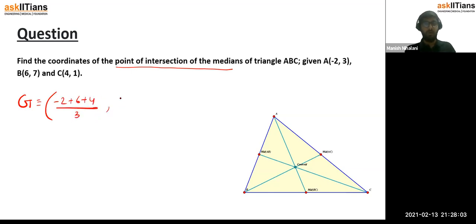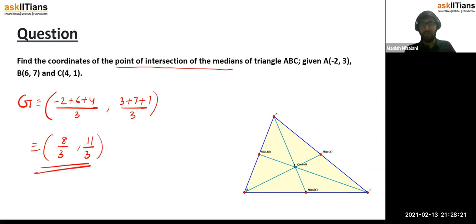Its y coordinate would be 3 plus 7 plus 1 divided by 3. So what do we get? 4 plus 6 is 10, 10 minus 2 is 8, so 8 by 3. And the y coordinate is 3 plus 7 plus 1, which is 11, so 11 by 3. These are the coordinates of the centroid of the triangle.